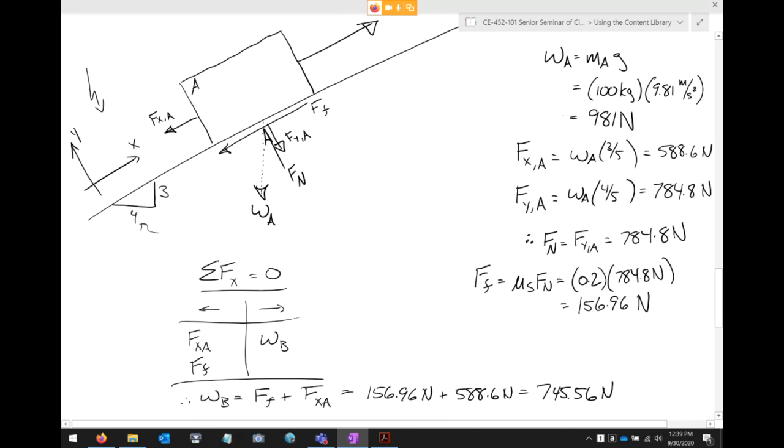So I propose that if I want to get that block to start moving up the hill, I've got to have a force that's at least 745.56 newtons or bigger, okay?